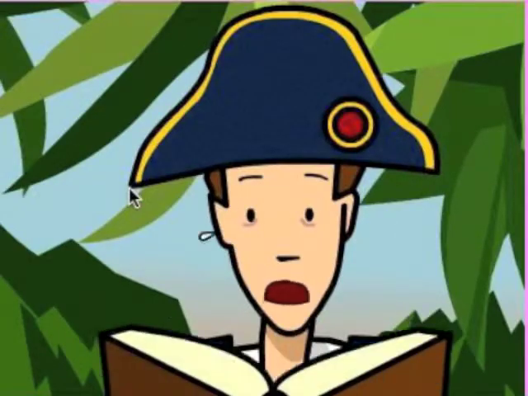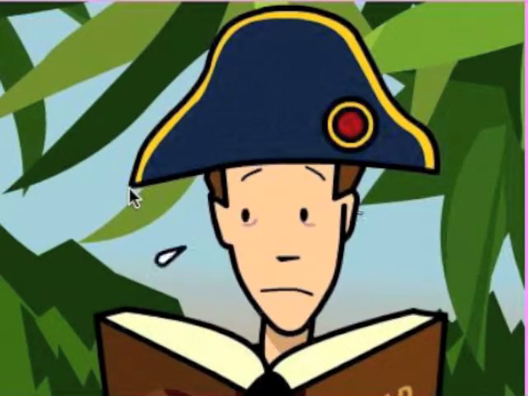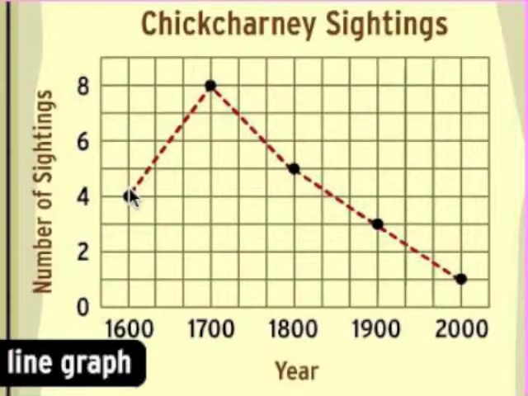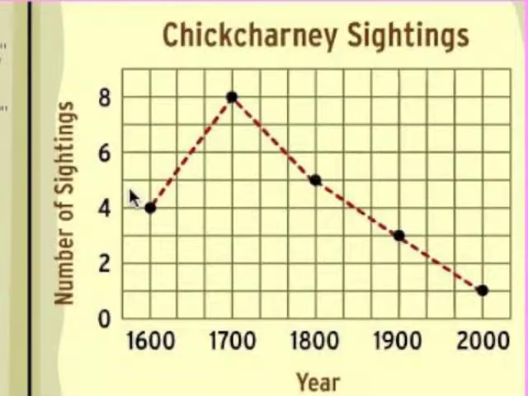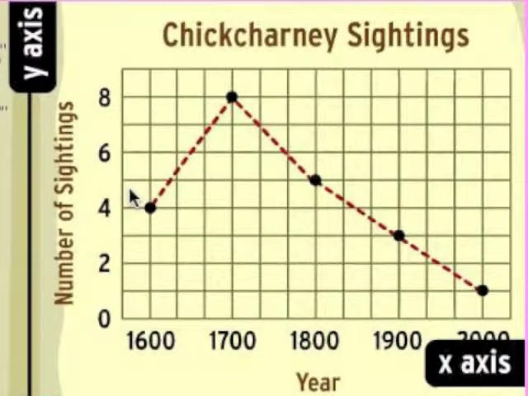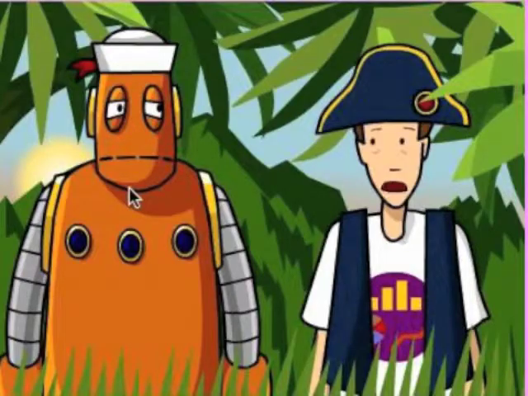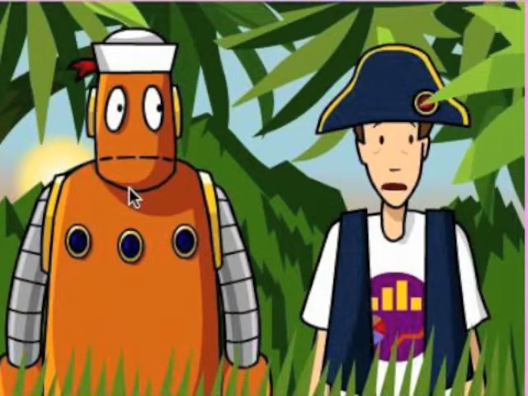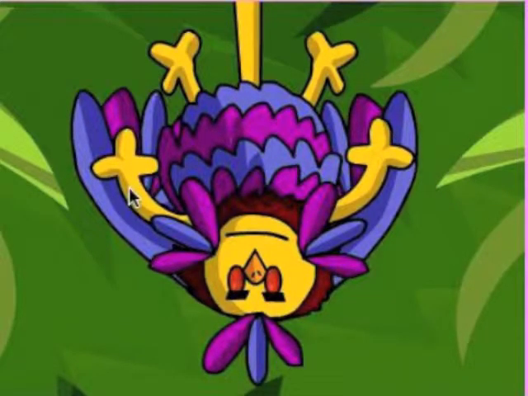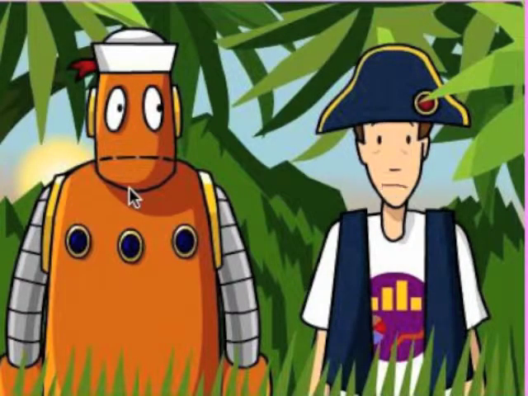Let me double check my fact book to see if they even exist. Huh. Well, according according to this line graph, the number of Chick Charney sightings has decreased steadily over the last 300 years. Yeah, see, the number of sightings is plotted against the scale of years from earliest to latest. You know, Moby, they could be extinct. What was that? What could it be? It's so funny looking. Hello. We're looking for the monster of youth.